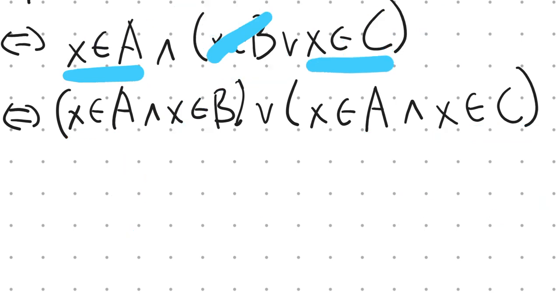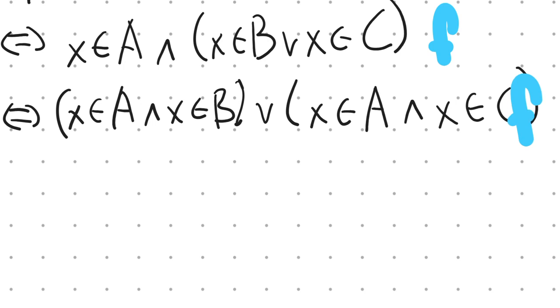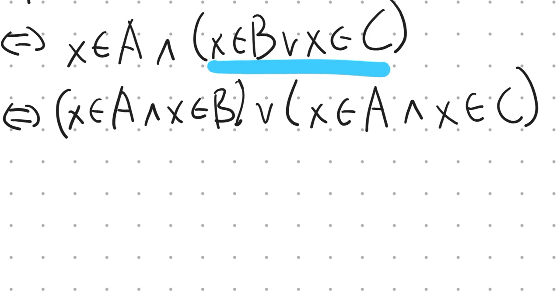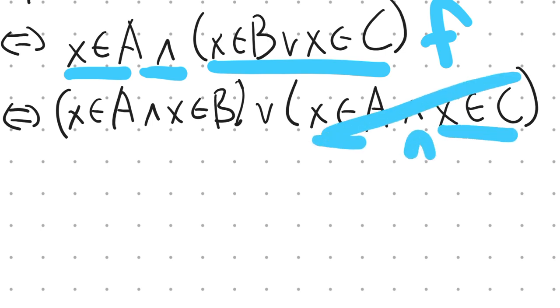And the last one, if x is in B and C. Obviously, if x is in none of them, it's false and false, so this is also equivalent. And if x is in B and C, this is true, and this is false, so this is a false statement. And if x is in B and C, this is true, but this is false, so this is false.